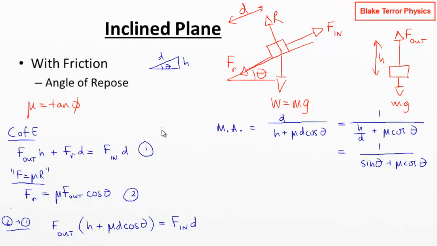So mu is tan phi. So let's write all this out again, moving over to green to do some angle of repose on this. We're going to have 1 divided by sine theta, and then I'm going to split out the angle of repose into sine phi over cos phi, and then cos theta.